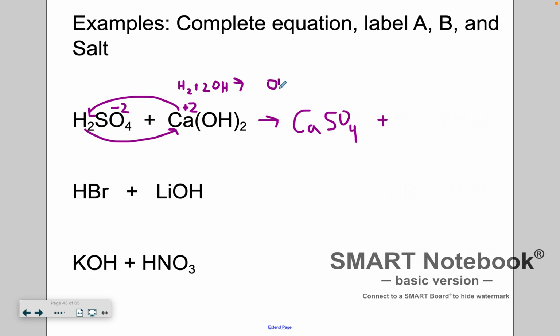I have 2 OHs, okay? And I'm going to give an H here and an H there. So I'm going to end up with HOH, which is water. But not just one, two water molecules. 2 H2O.